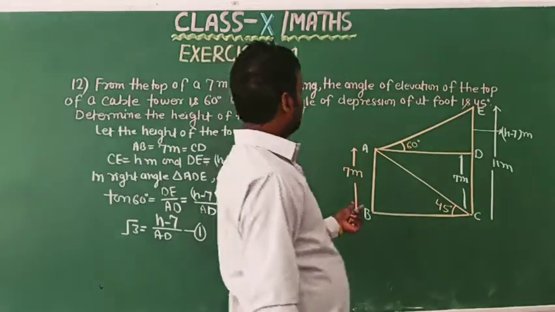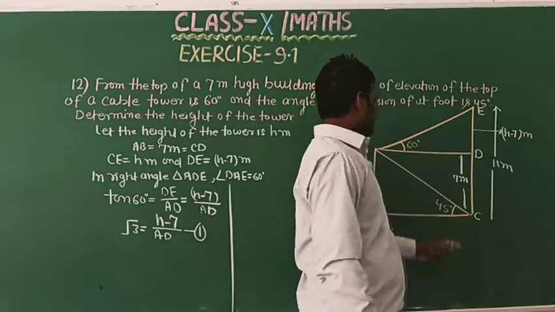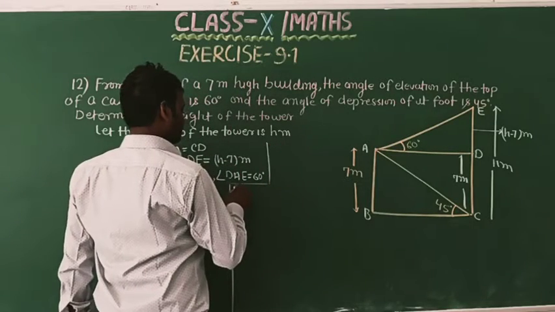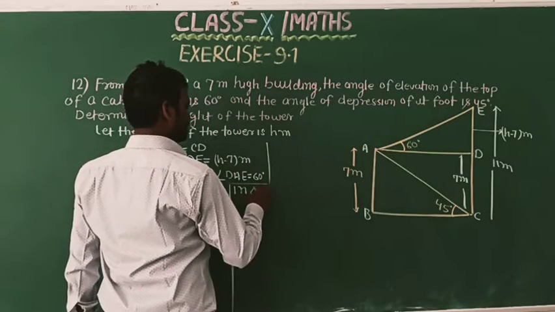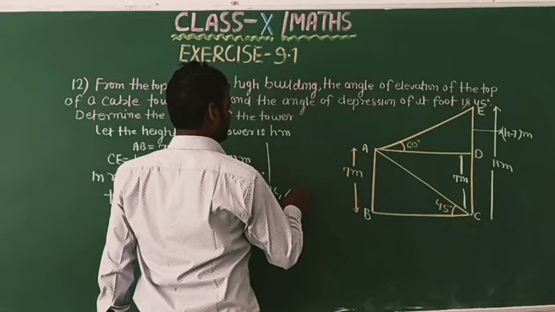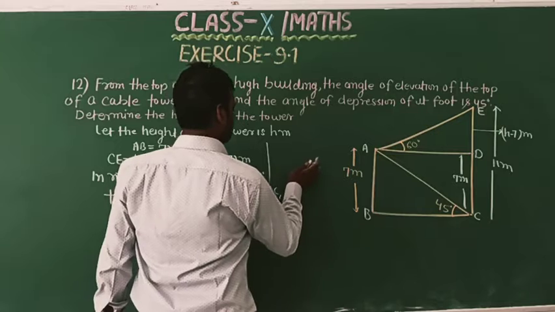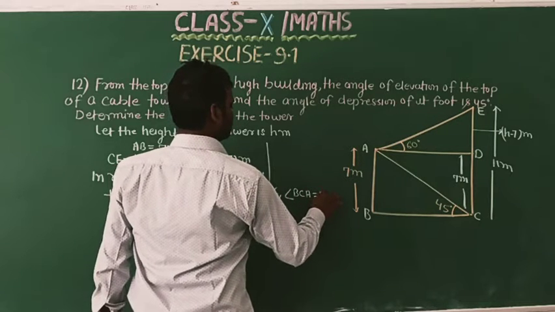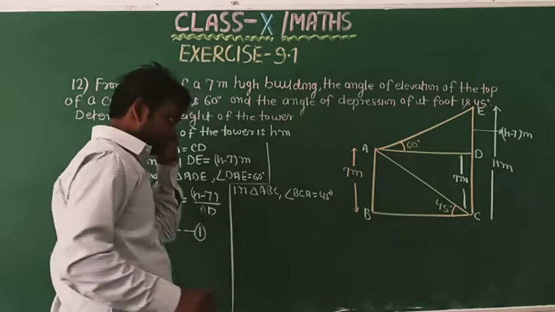Okay, now taking right angle triangle ABC, in triangle ABC angle BCA equal to 45 degree.